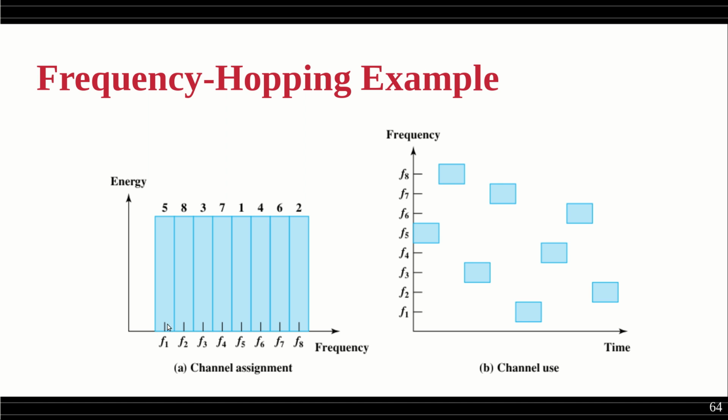For example, this is a frequency allotted for a particular communication, F2 is the frequency allocated for some other pair of communication, and F3 is for another pair. Let it be like that, and we have 8 different such frequencies.